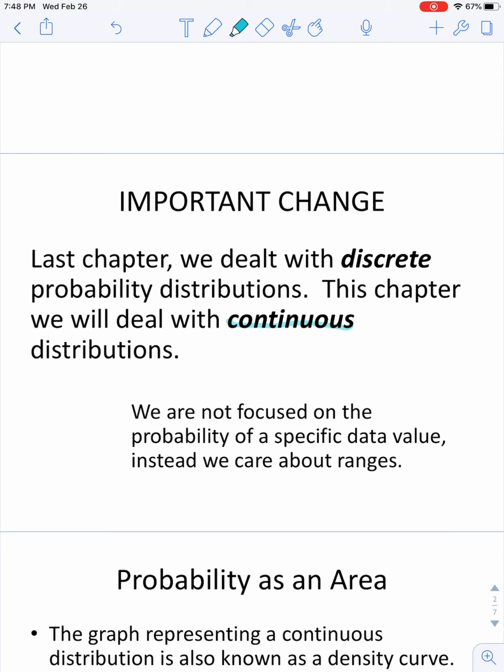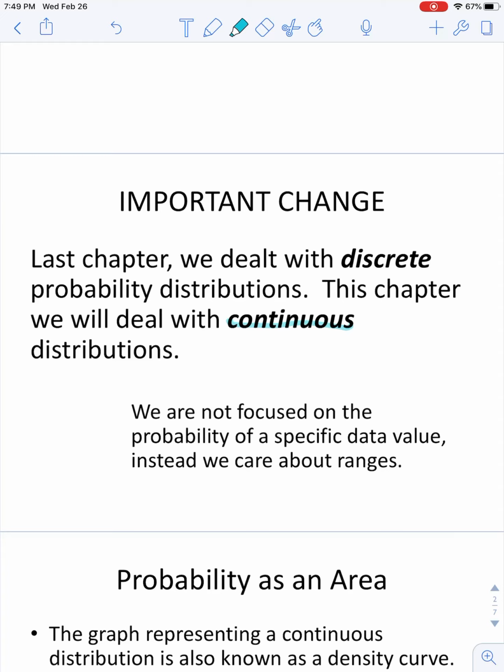The probability of exactly 16 ounces is actually really tiny because you're not counting 16.0001 ounces. You're not counting 15.9 ounces. You're only counting 16. So when the data can be continuous and there's not really countable numbers, that's when it becomes a little bit harder to calculate the probability.